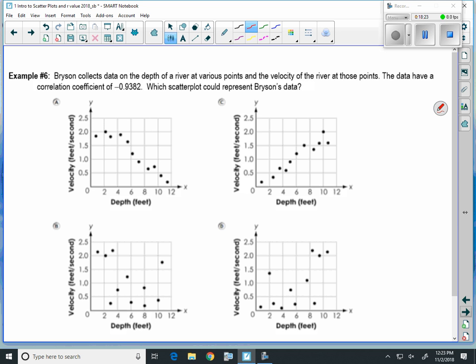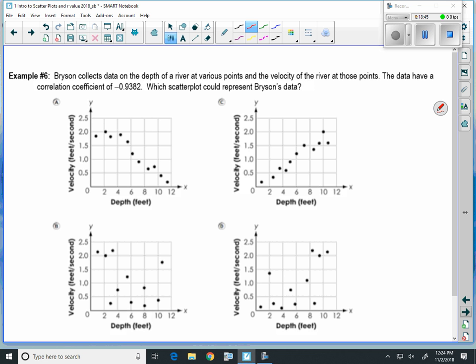Bryson collects data on the depth of a river at various points. The data have a correlation coefficient of negative 0.9382. Which scatter plot do you think represents this? First of all, I want you to tell me which one to cross out because it's definitely not the right answer.